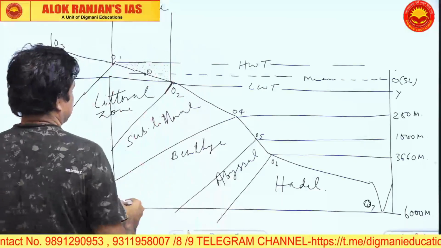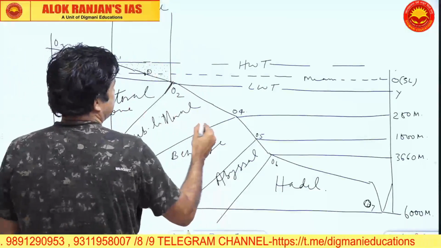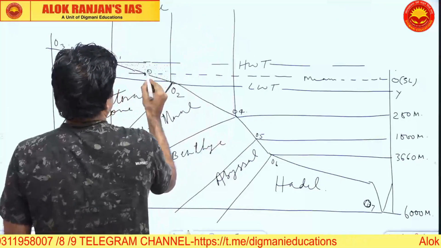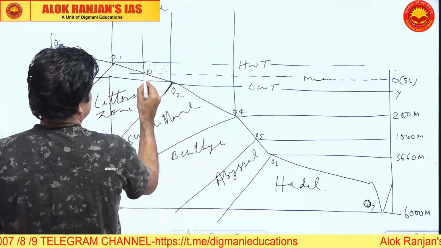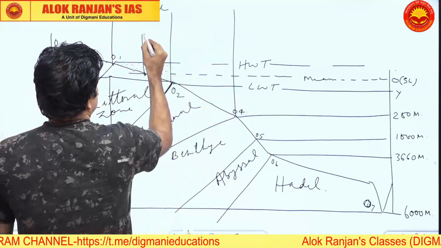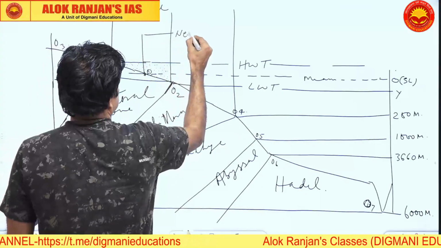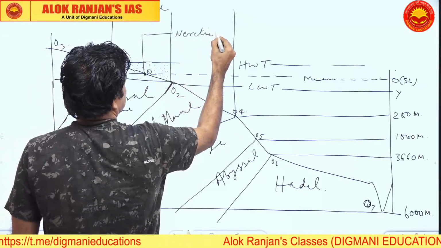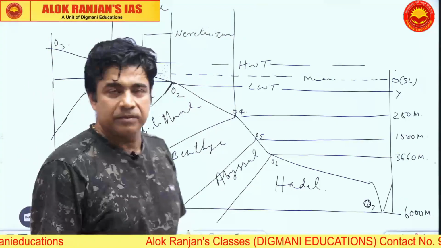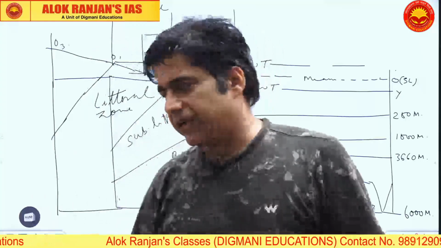This dotted one. Okay. Now, from 200 meter depth, I have taken this line, and I have taken this line here. This is your sea level, 200-meter depth. Now this zone will be called neritic. N-E-R-E-T-I-C.